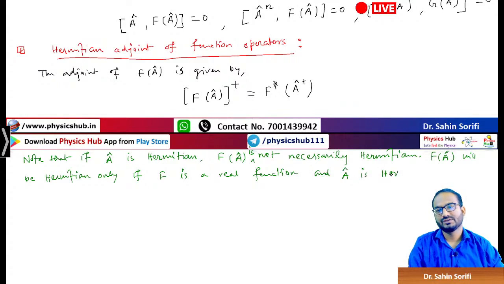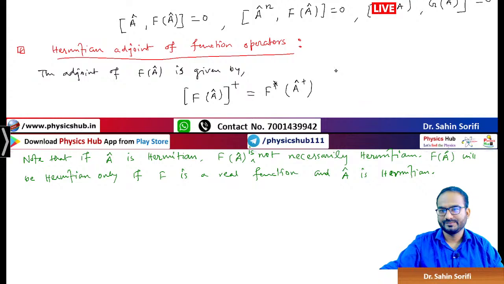Both conditions are required. A dagger will become A, and f star, if it is real, then f star and f are the same.